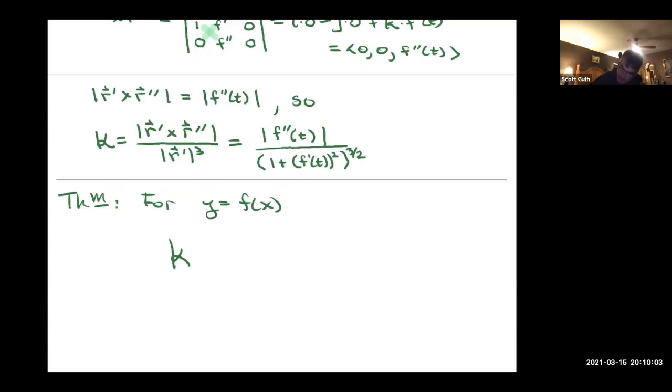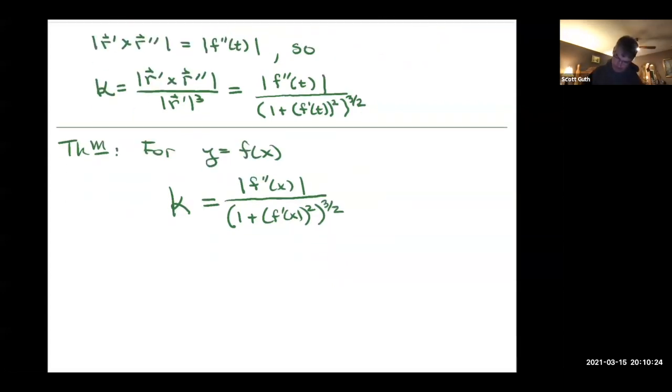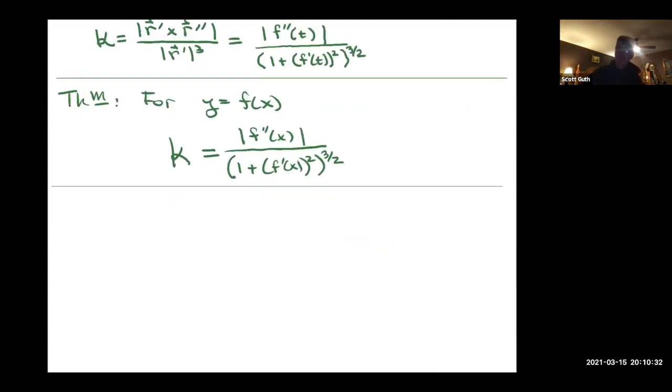You can just say kappa is the absolute value of f double prime of x over 1 plus f prime of x squared to the 3/2 power. Okay, so that's just another formula. So let's do a quick example of that.